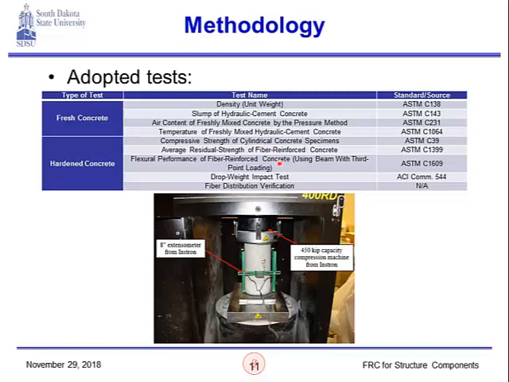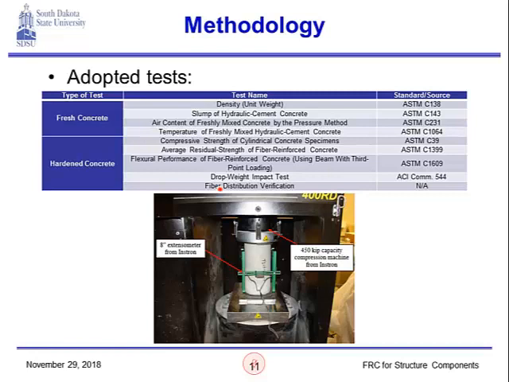So these are the main tests, but we also added another test which was not part of the initial proposal, which is looking at the impact resistance using the drop weight impact test, adopted by ACI Committee 544. It is really qualitative in nature, but we chose to do it just to have an idea about the effect on impact resistance.